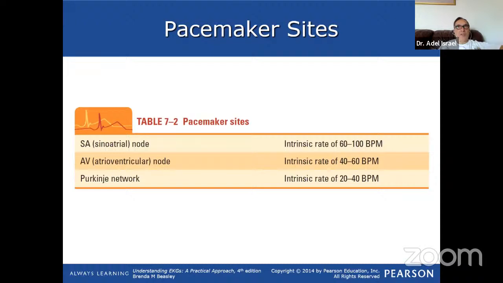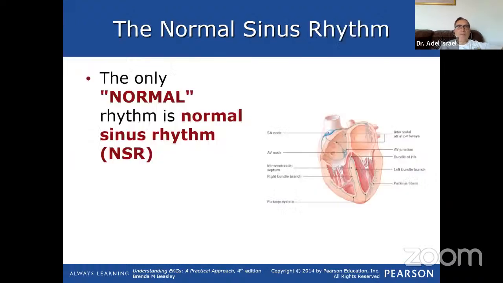This is another revision telling you the intrinsic firing rate of the SA node, the intrinsic rate for the AV node, and the intrinsic rate for the Purkinje fibers, which are 3 big subjects. We are going to talk about them. But for today, we are going to focus on the SA or sinoatrial node and its firing rate and the variation, if we find it, what it should be.